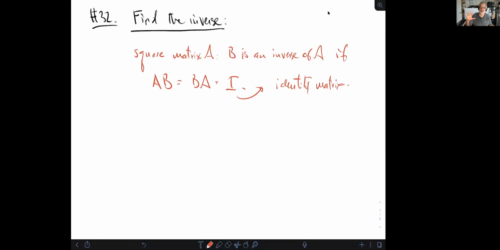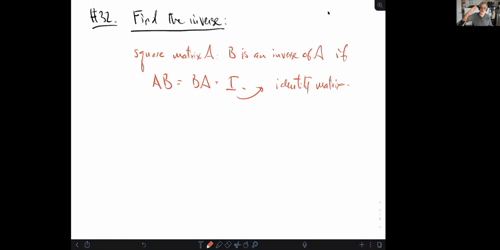Okay, so this is what you use to cancel out matrices, if you wish. Now real numbers except 0 always have an inverse, right? If you take any non-zero number, you can always multiply it by something to get 1. For matrices of size bigger than 1 by 1, this is not true. You have non-zero matrices which don't have an inverse.